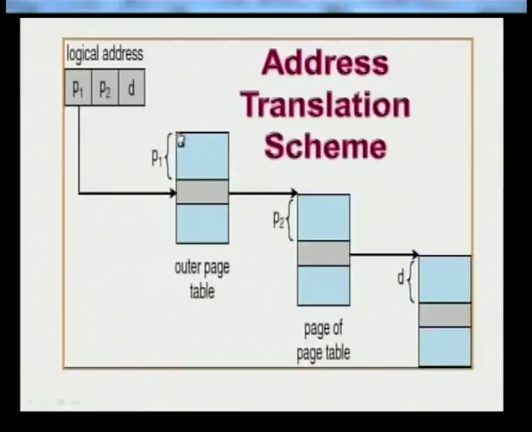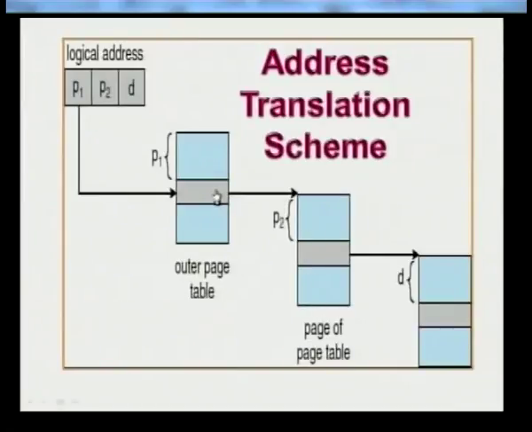The distance from the start address of the outer page table up to P1 will give you the location of P1. The reason is the entries in the page table are always arranged in a linear hierarchy. Therefore, the entry in P1 is identified directly and the correspondence to the base address of the inner page table is also identified.